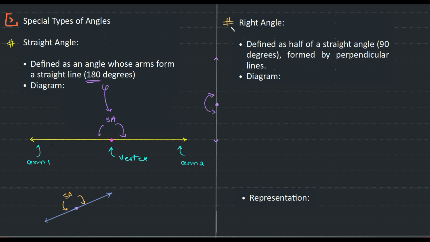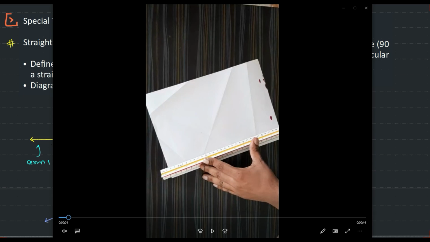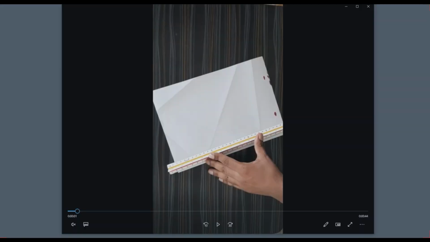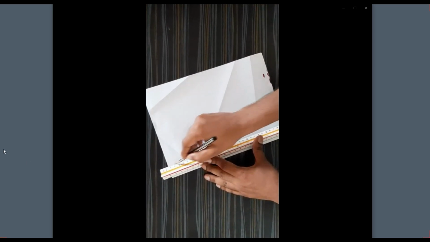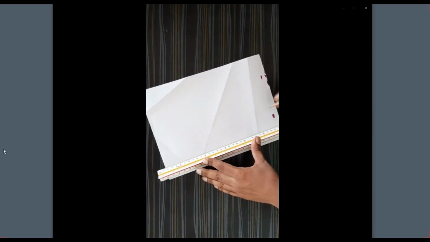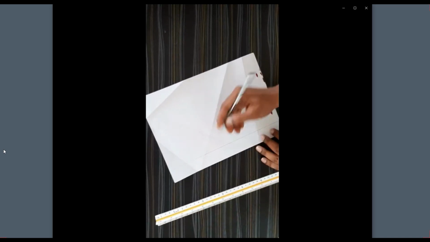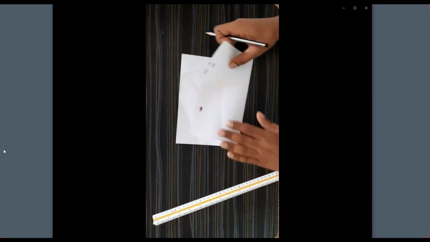Next, right angle. Right angle is defined as half of straight angle formed by perpendicular line. What does that mean? So I'll show one activity basically. So we are looking at me drawing a straight line, folding the paper.